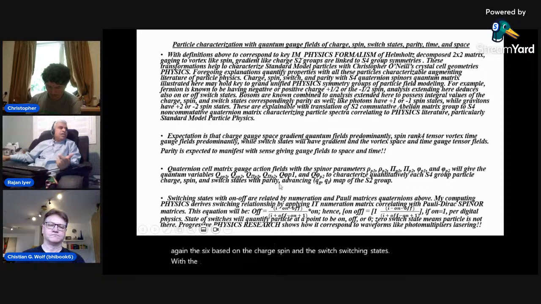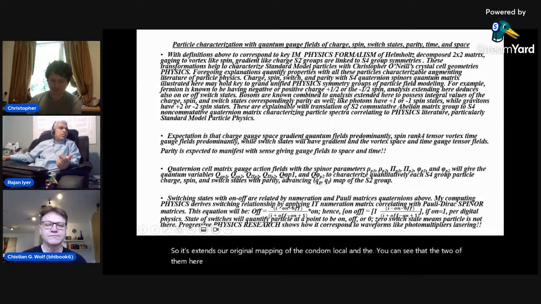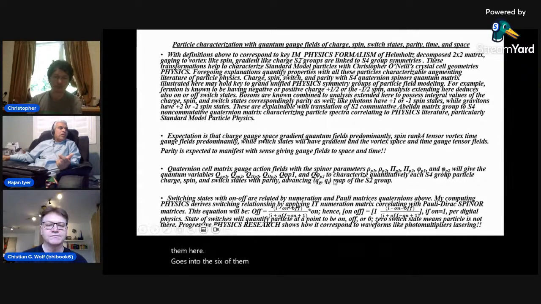With the parity, it gives the 6 quantitatively for each S4 group particle. So it's X of the quantum local, and you can see that the 2 of them here go into the 6 of the quantum particles. So the quantum characterizations, the S2 group.